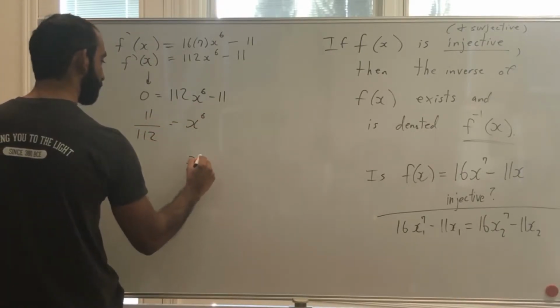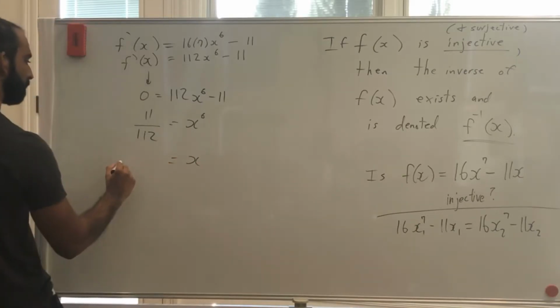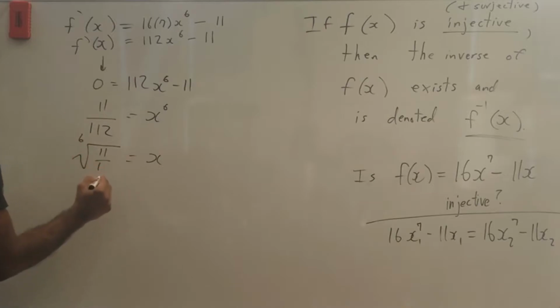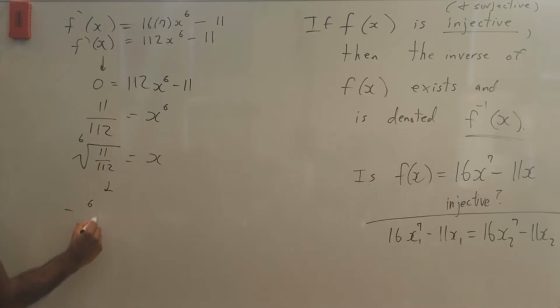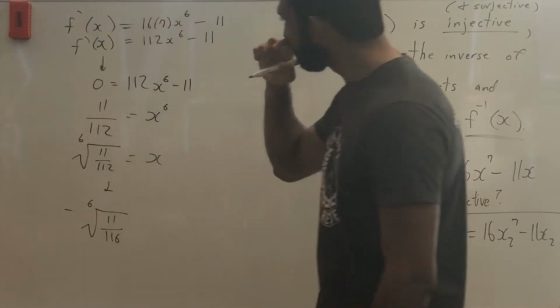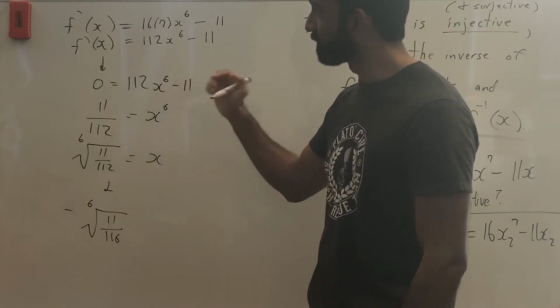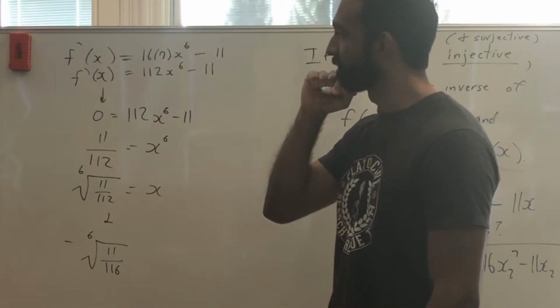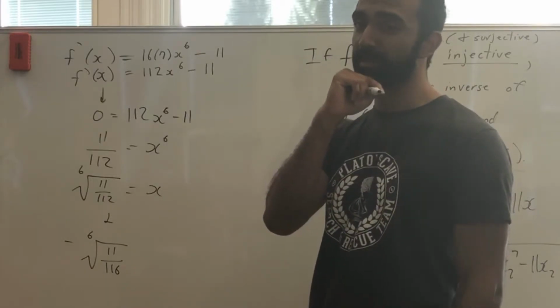And there are actually two spots: positive sixth root of 11 over 112 and negative of the same thing. So is finding a place where the derivative is 0 enough to guarantee that the function is not injective? Do I have to do something else?